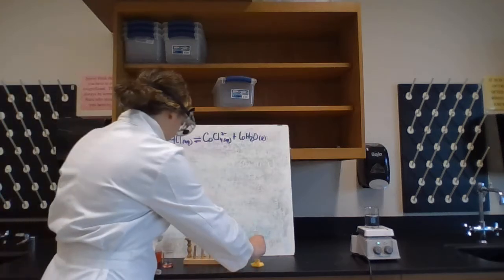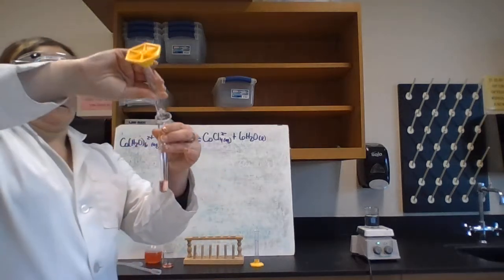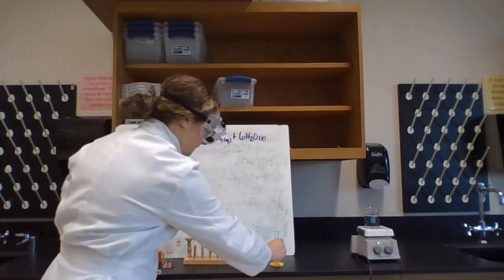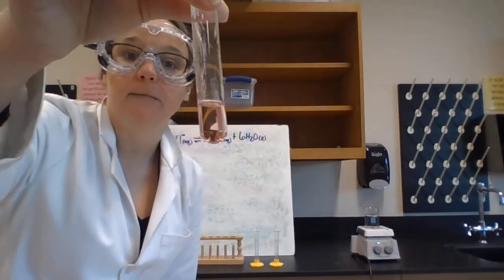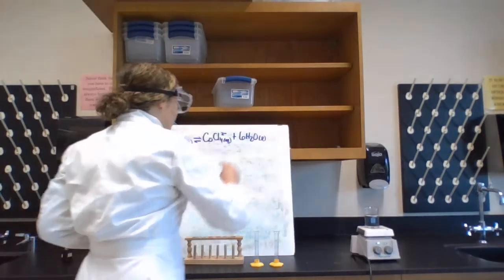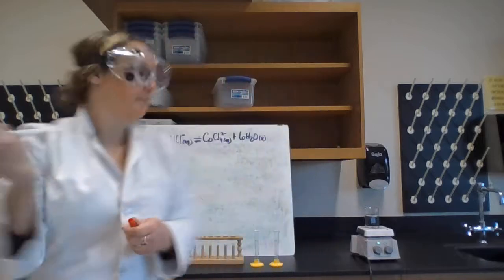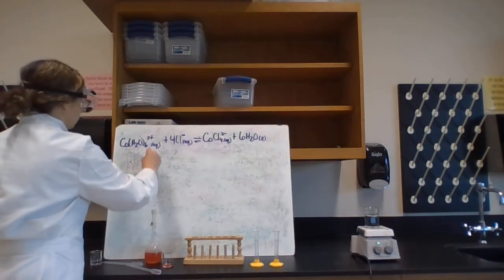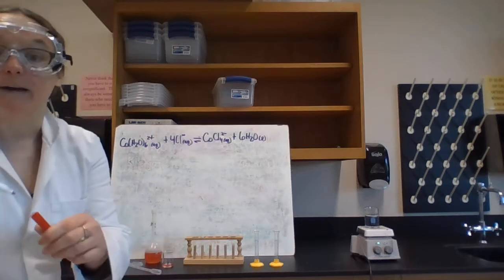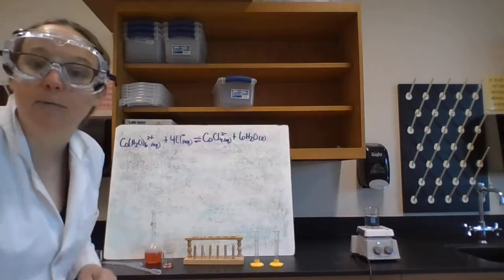So, here's my water. Now, what color do you see? It's still a red color, correct? So this is red. And I hope that red, you can see, I wrote red. I hope that shows up.